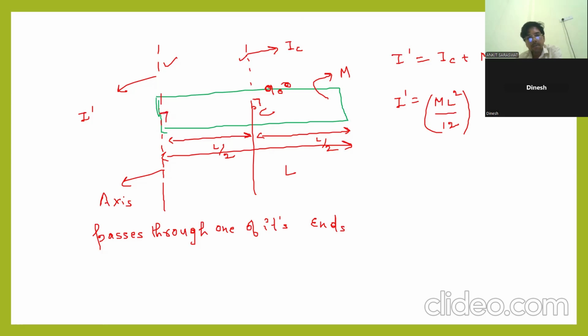So what is the moment of inertia? ml square by 4, and ml square by 12 can be written as ml square by 3 here. So I dash will be 4 ml square by 12.